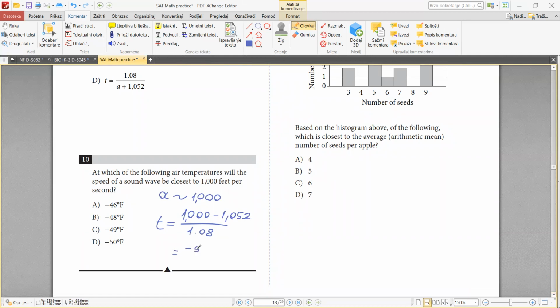This should be minus 52 divided by 1.08. And we get minus 48 degrees Fahrenheit, which is the answer marked as B.